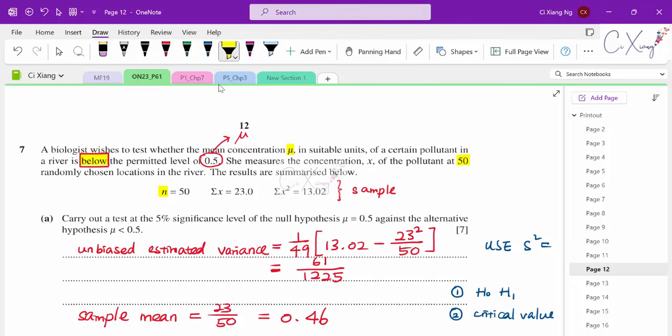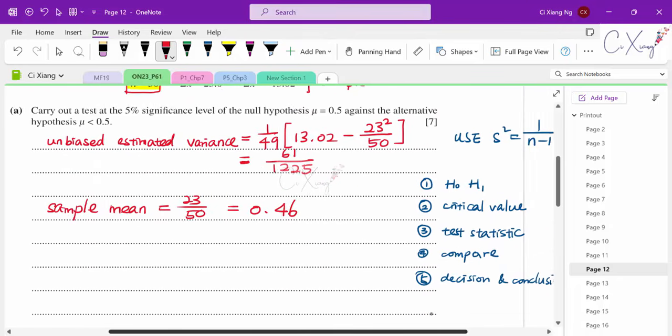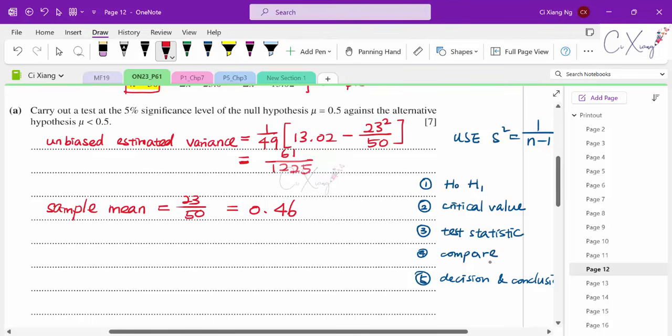The reason is this: when your sample size is large, more than 30, the sample mean will be approximately normally distributed. For the normal distribution, when you want to carry out the test, I'm using the critical value approach. I didn't use the p-value. P-value means just now I calculated the probability. So now I'm using the critical value approach, and this is what I need to follow.